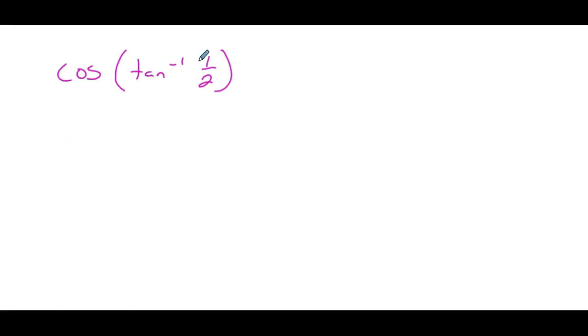So the arc tan of 1/2 is a little tricky because the 1/2 doesn't refer to one of your special angles, right? So you're going to need to think about the tangent. Remember, tangent exists in the first and fourth quadrant. Since it's positive, it has to be in the first quadrant.